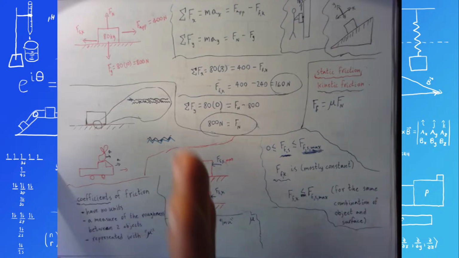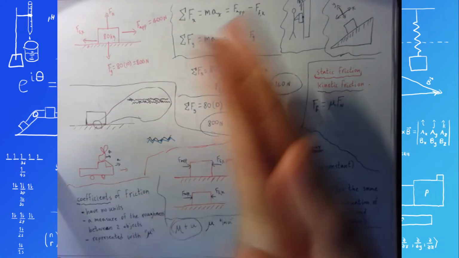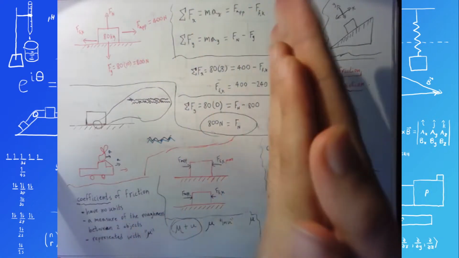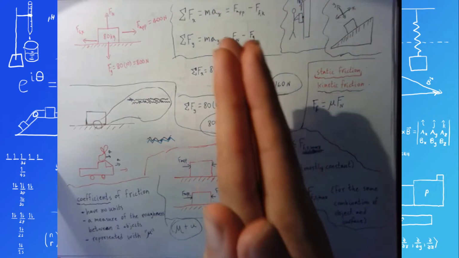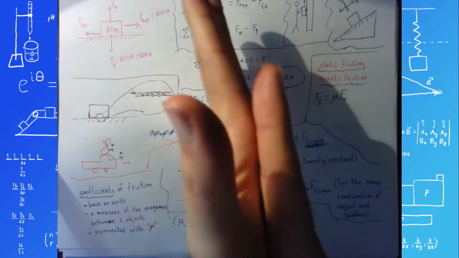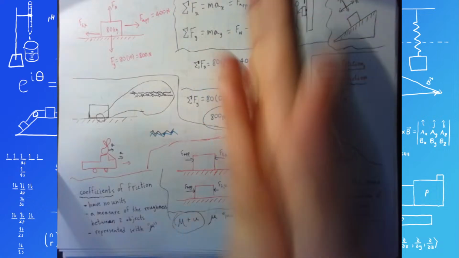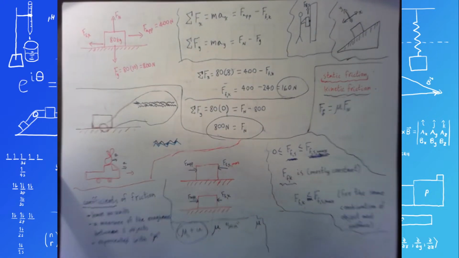You can also experience this firsthand, literally, get it, hand, with your hands. If you just rub your hands against each other while pressing them lightly, you can slide them against each other pretty easily, but if you really press them into each other and then try to slide them against each other, it's much more of a struggle. And you also generate more heat when you successfully slide them past each other.